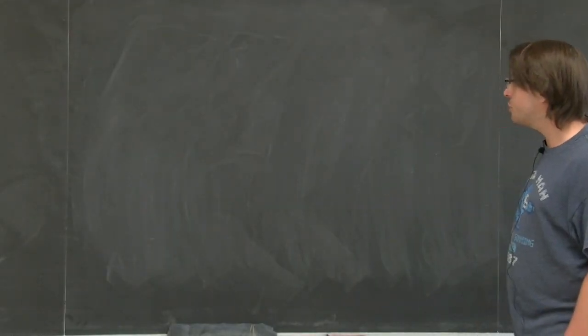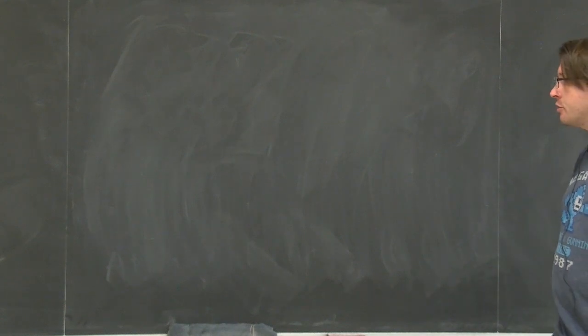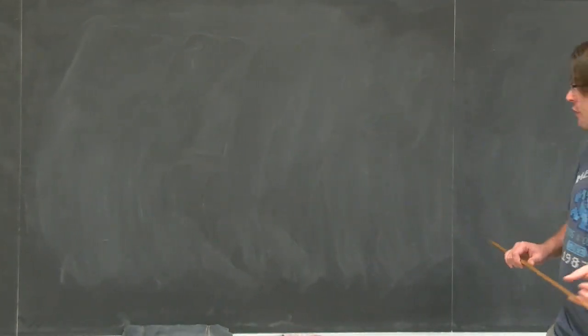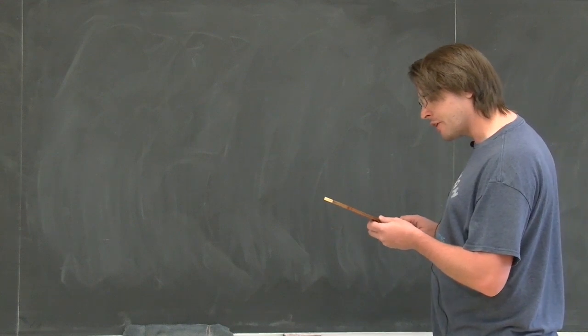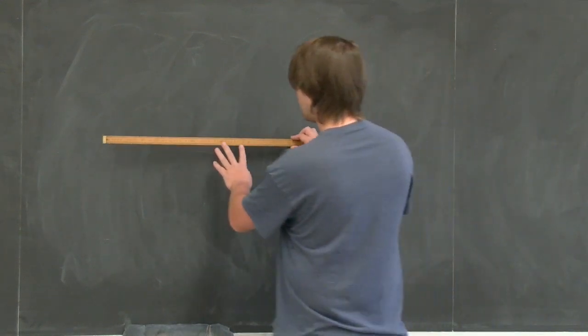Okay, so now we're going to look at the mathematics involved in getting the magnitudes and directions of resultant vectors. I'm just going to draw some vectors on the board using a ruler and protractor. I'm going to add three vectors together to make it a little bit more challenging.